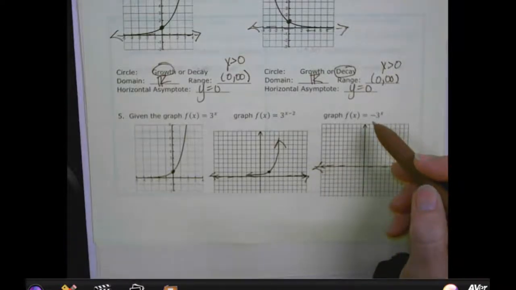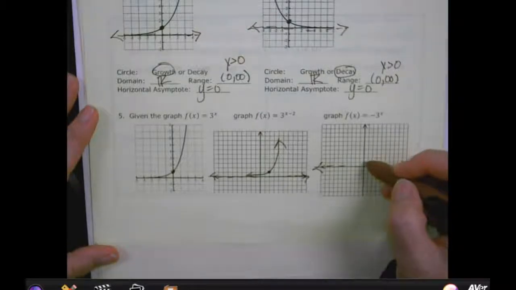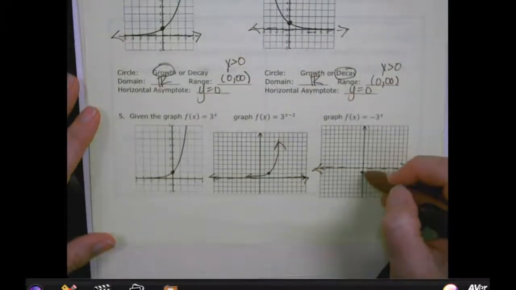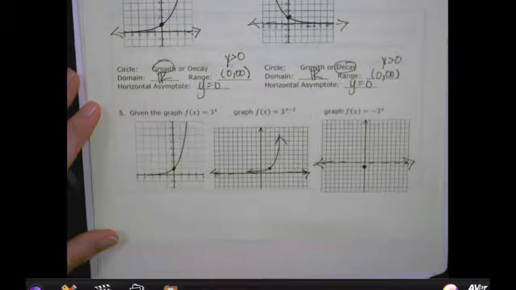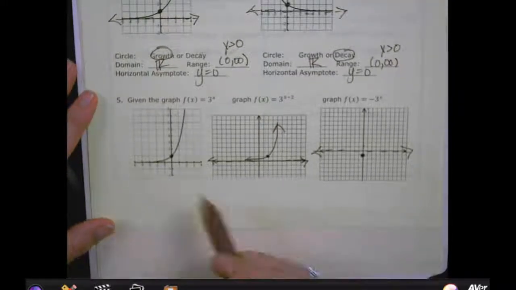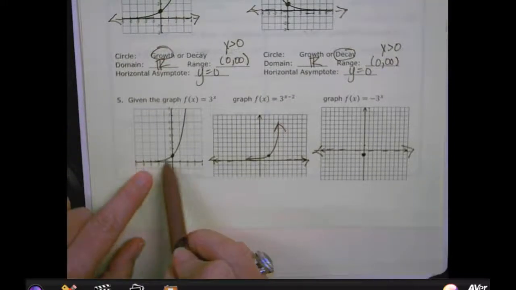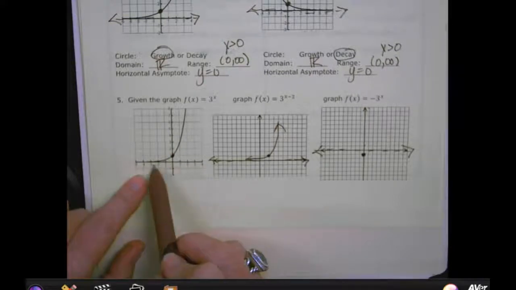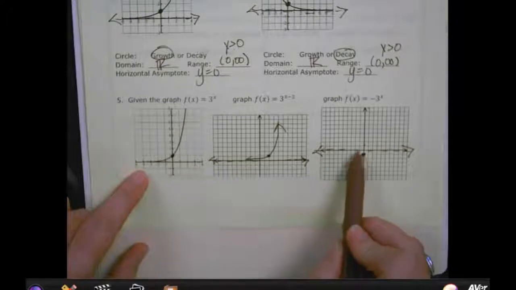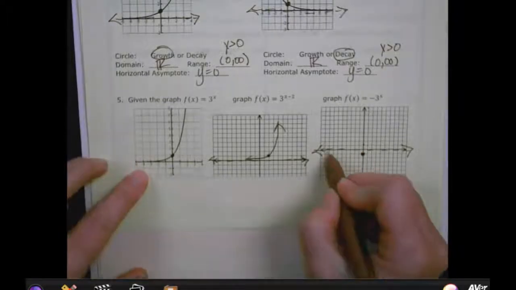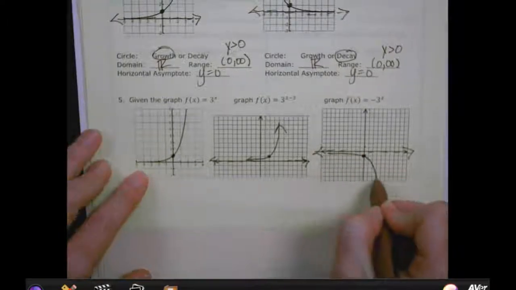It reflects over the x-axis. So this point becomes this point. And then, how do you graph it? If I look at it, where is the curve hugging the asymptote? It's hugging right here, right? So that means on this side it was hugging. So on this side, it also has to hug.